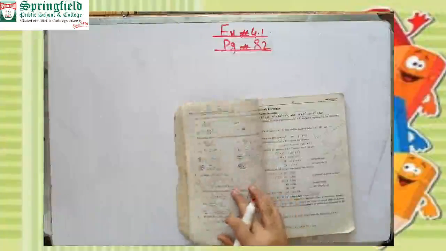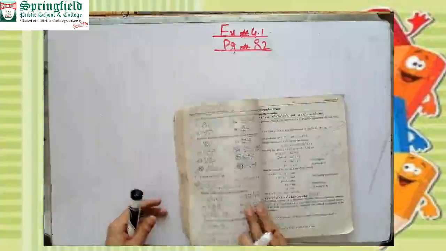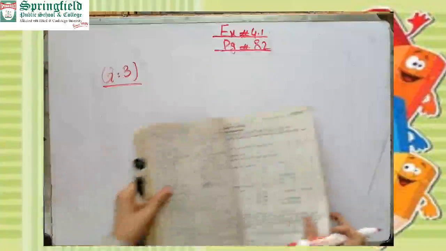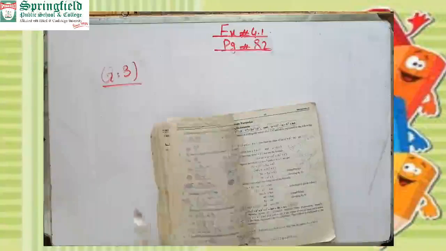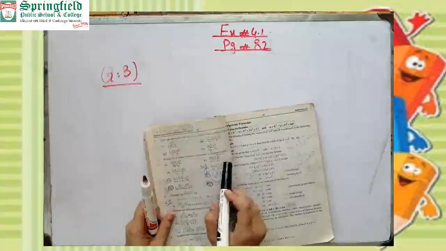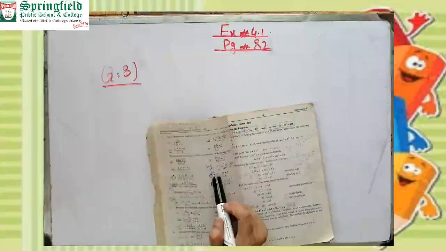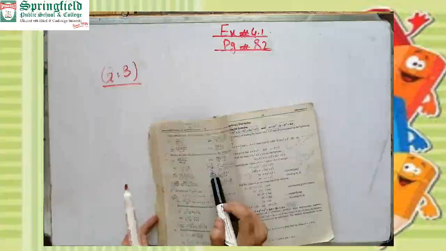Okay, now page 82, exercise 4.1 and question number 3. Question 3, they are saying reduce the following rational expression to lowest form. It means find out the lowest terms, as we have already done in examples how we can find the lowest terms. Fine.